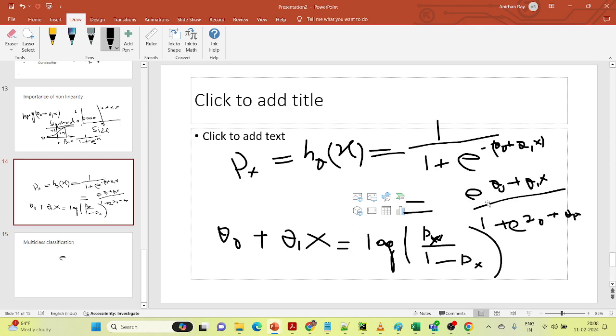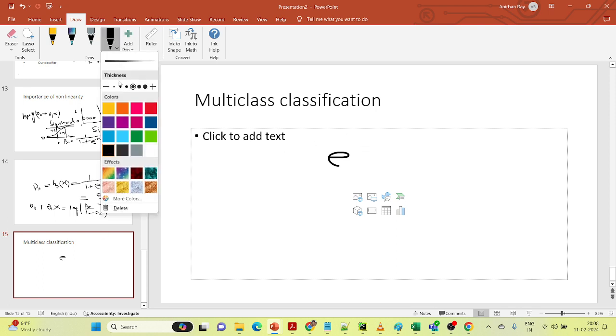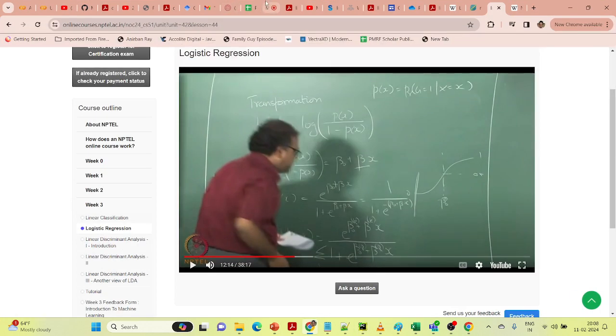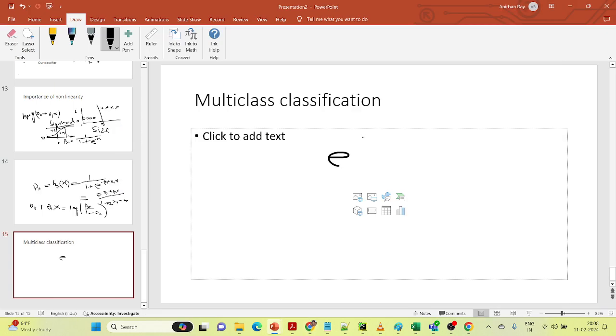As you can see, you can simplify it like this. e to the theta 0 plus... let me explain.